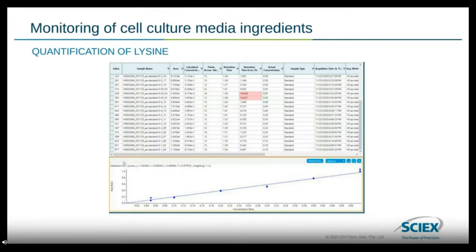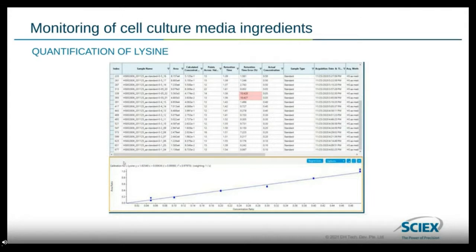Now I'm coming to the cell culture media analysis. So as I said earlier, it's crucial during the process to monitor the nutrients and the ingredients of the cell culture media in order to make the cells grow and produce your product. In this example, you can see a very nice linearity.